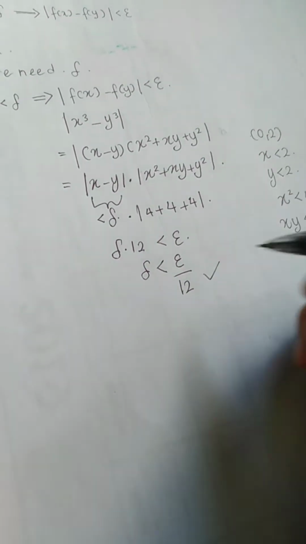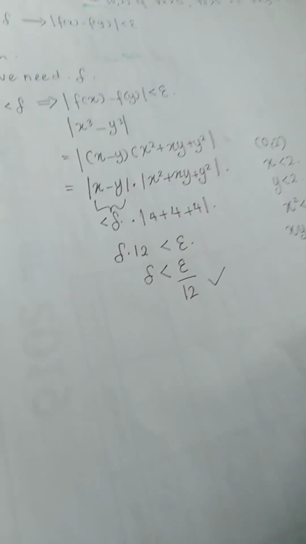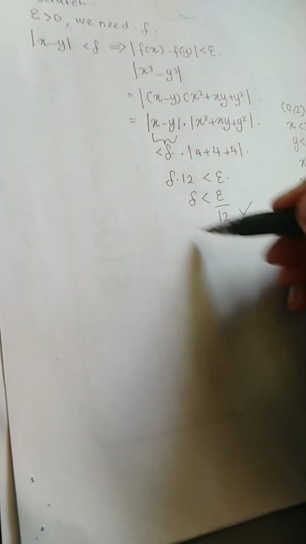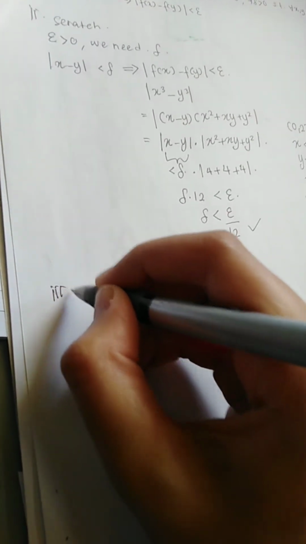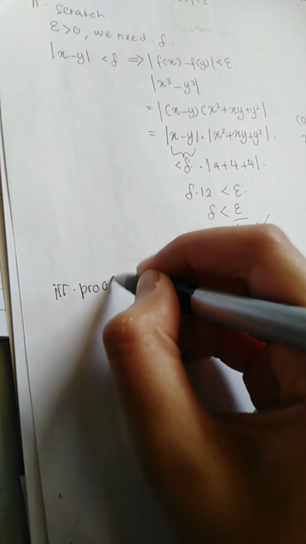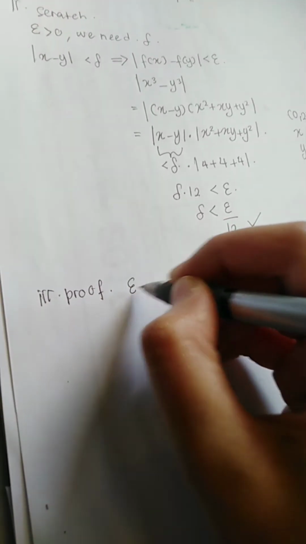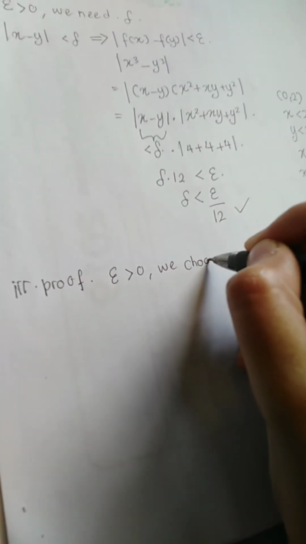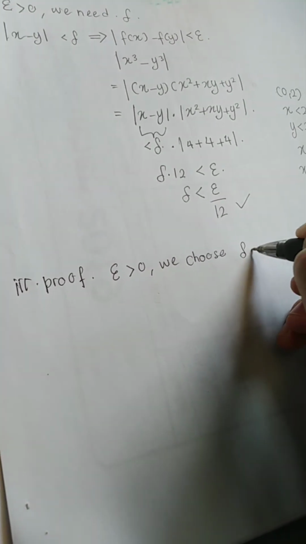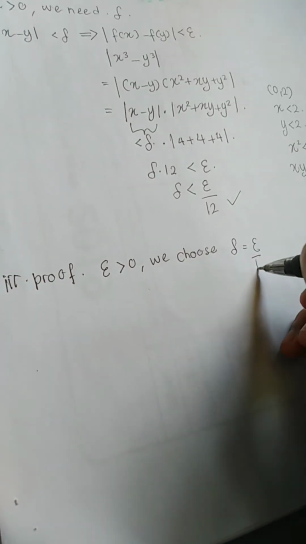So we have the value of delta here. Next, after we have the value of delta, we have to prove it. For epsilon greater than 0, we choose delta equals epsilon over 12.